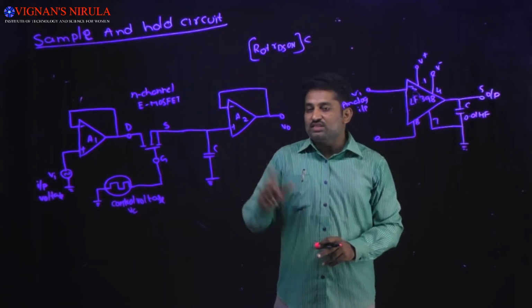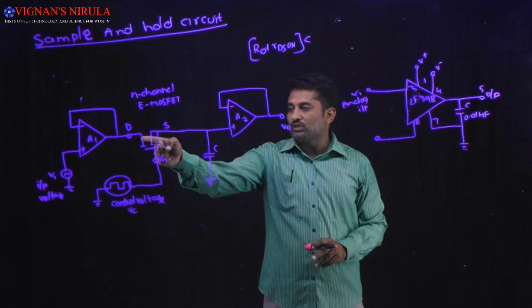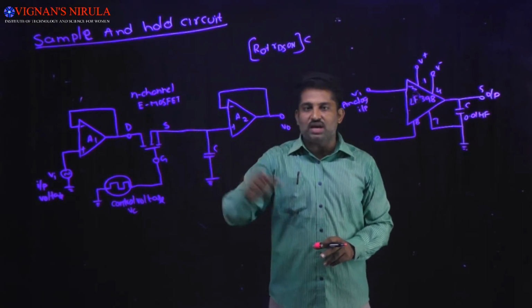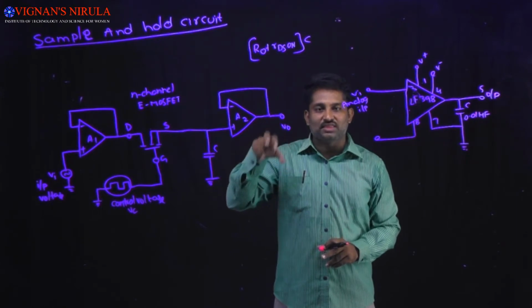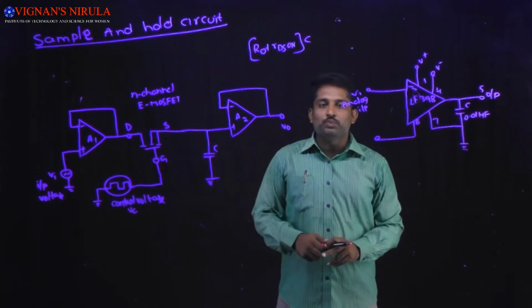In this case the input voltage appears across the capacitor C; the voltage across the capacitor is nothing but the applied input voltage.